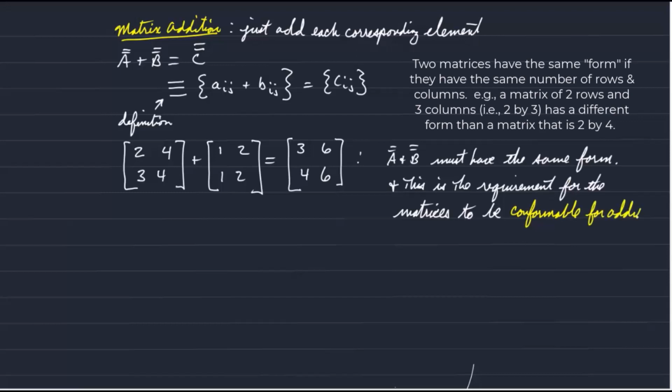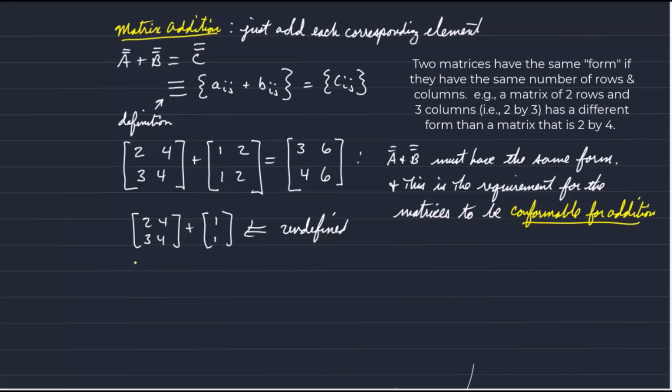I'm using a different color, the yellow, to indicate a definition that you should know when working with matrices. So an example of two matrices that are not conformable to addition would be, for example, 2, 4, 3, 4 plus 1 and 1. This operation is undefined. We cannot add two matrices of different forms.